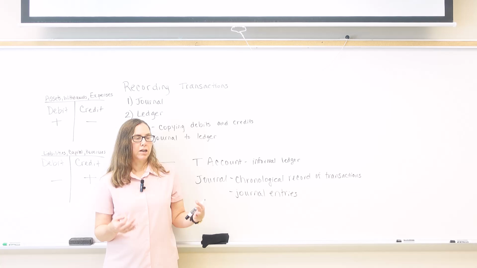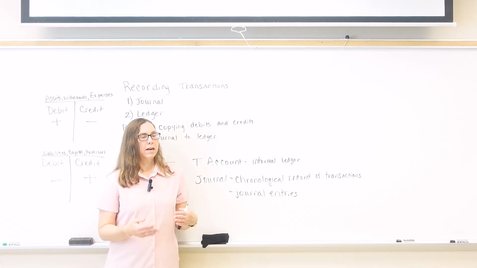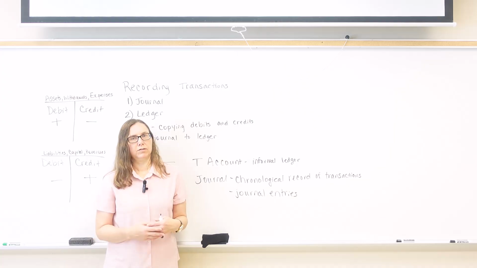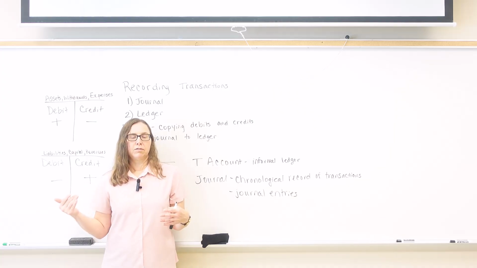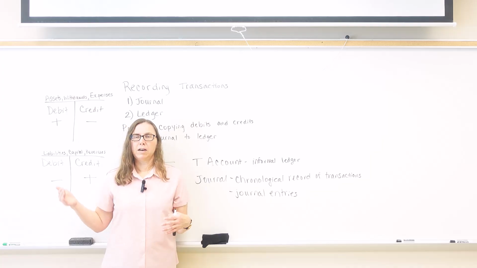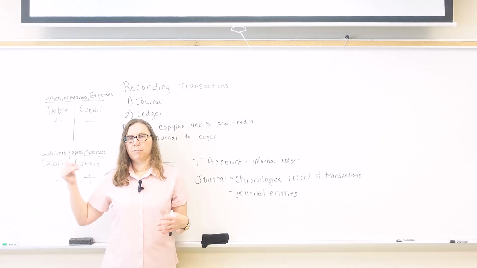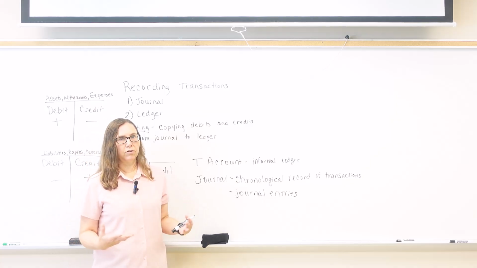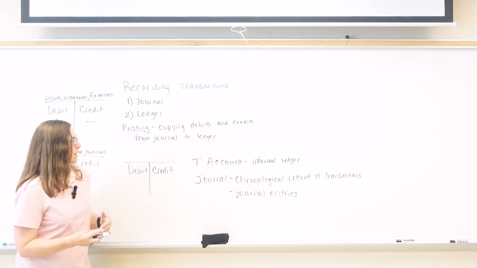So when you write a check in a software, it's doing the debits and credits behind the scenes, and it may not say debits and credits. If you're recording a deposit in a software, you're recording debits and credits, but it might not visually say debit, it might not visually say credit, but it is recording debits and credits. So I just wanted to point that out.